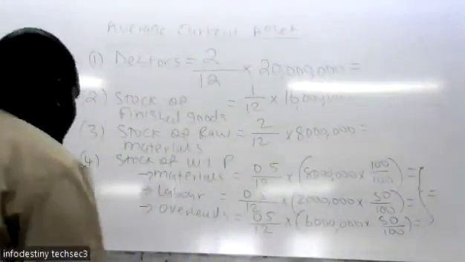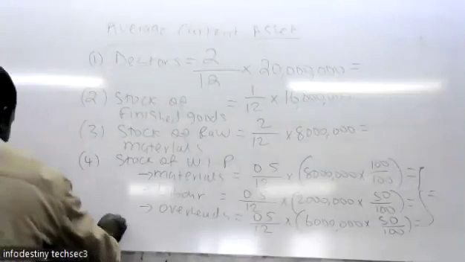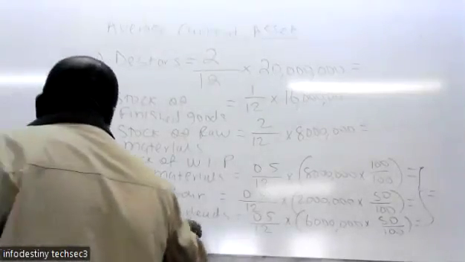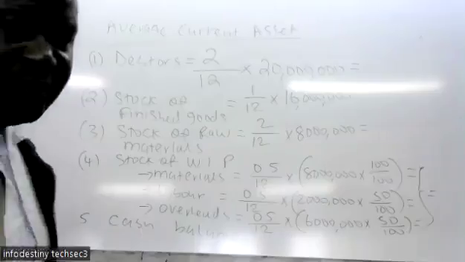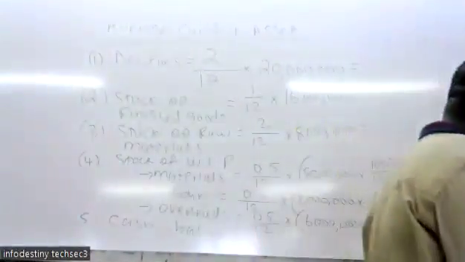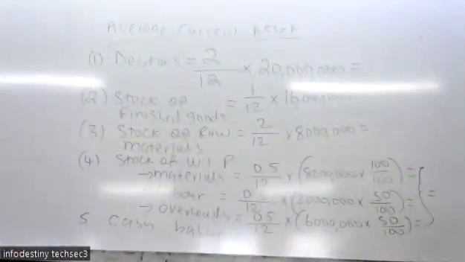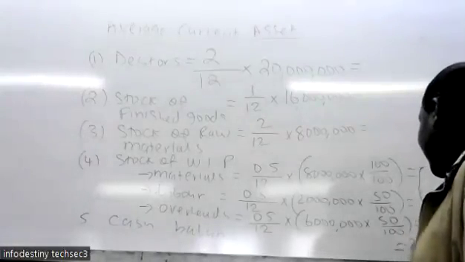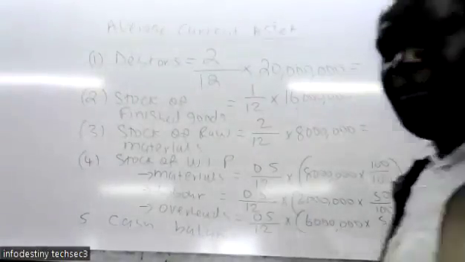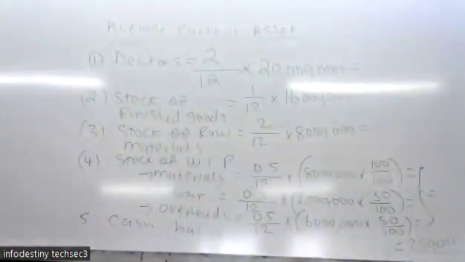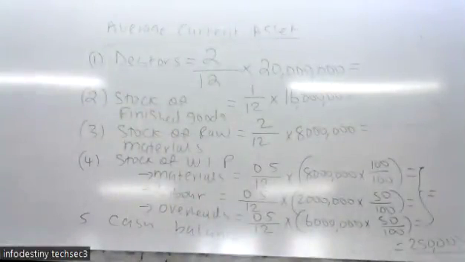Then this question also had number 5, the cash balance. The cash balance was given to you. Now in note number 6, I am going to include you as part of the current assets. Then get their total now to give you the current assets.